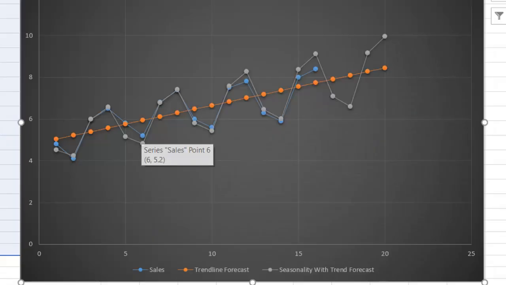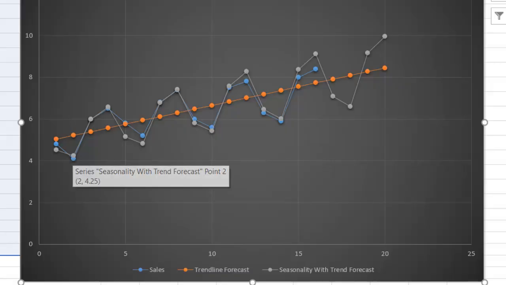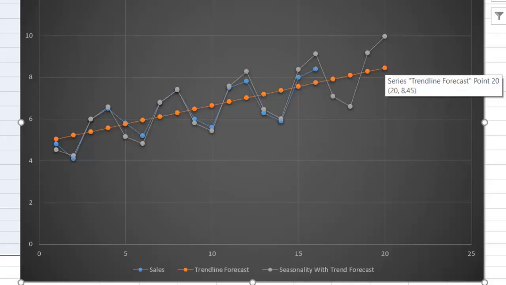As you can see in this graph, the blue line is the actual time series. And this orange line is the forecast using the trend line. And using the forecast of the trend line and incorporating the seasonality index, the result would be the gray line.